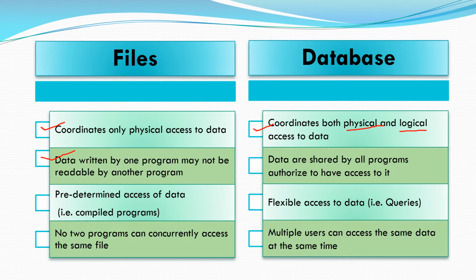At a time only one program will access the file information, but in a database the data are shared by all programs and it has some authorized access to it. Authorized access means some password verifications are performed, and based on that one database is shared by many programs.